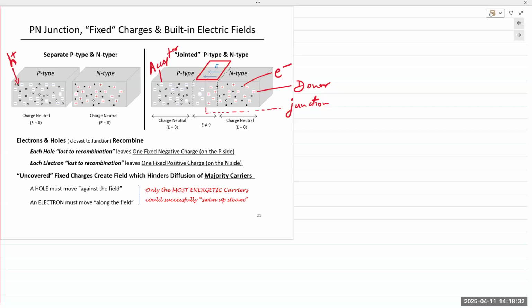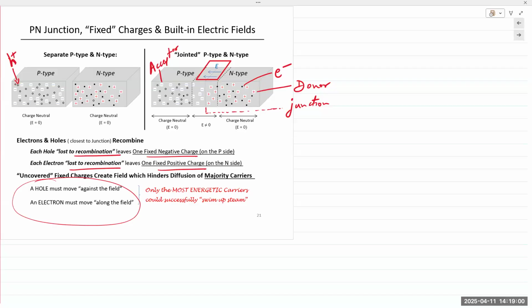So again, electrons and holes recombine, leave behind positive and negative charges, giving rise to an electric field. The imbalance gives rise to an electric field. This electric field is going to oppose the further flow of holes and electrons.